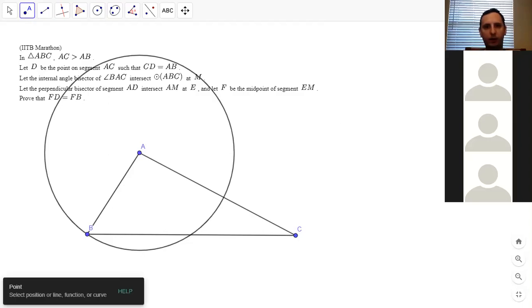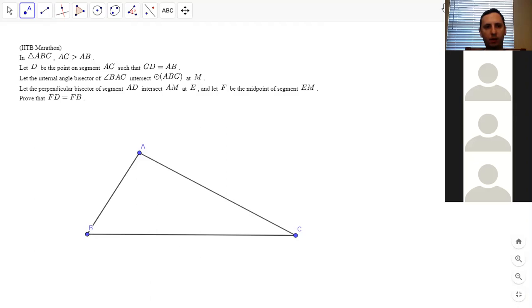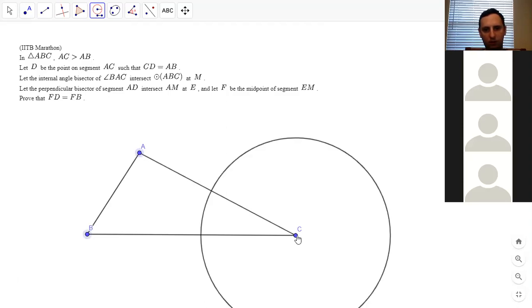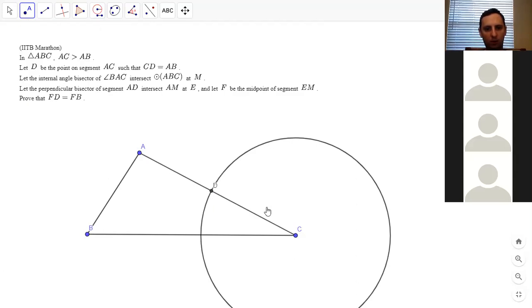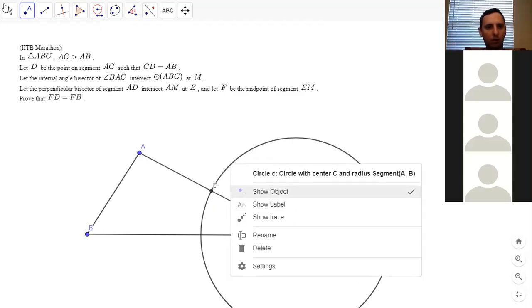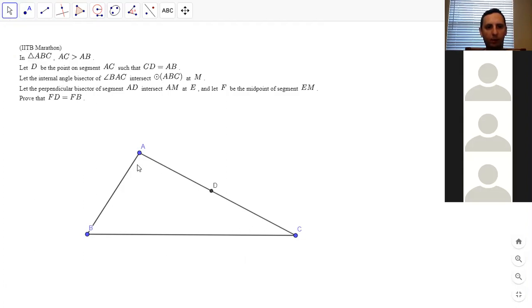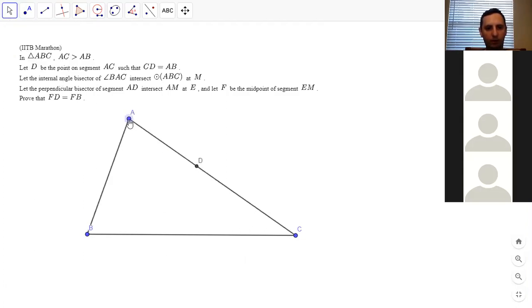Oh, CD is equal to AB, sorry. So I could use the compass tool for that. It almost looks like D is the midpoint. Let me change that. So yeah, maybe that looks a little better.